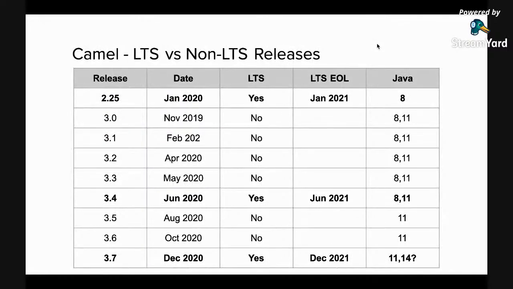Okay. For the Camel releases, we chose for Camel 3 to use an approach like Java. So we will have 2 LTS during the year, so long-term support, and we hope, fingers crossed, to have 3.4 as long-term support for Camel, supporting Java 8 and Java 11, and the other one will be 3.7 in December, supporting Java 11 for sure, and maybe Java 14.